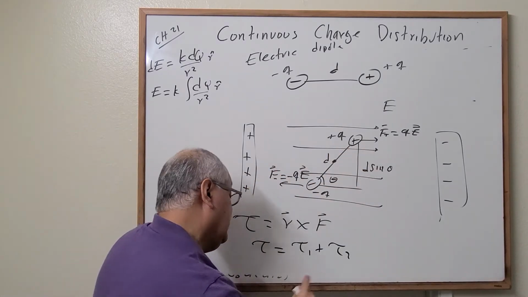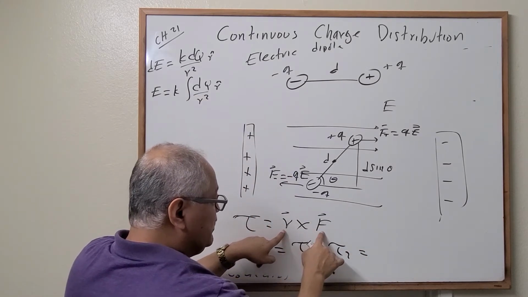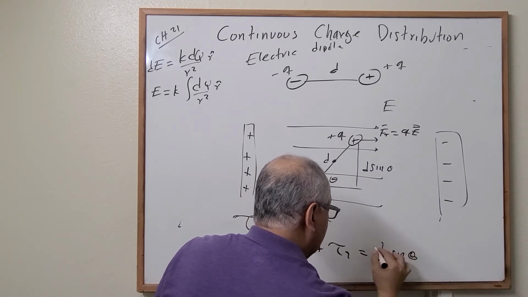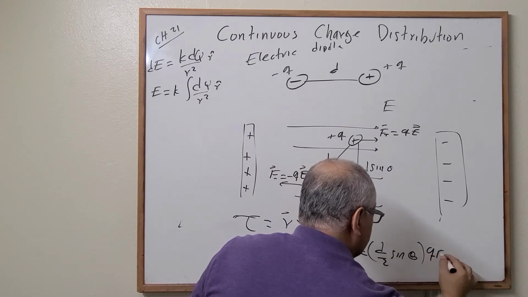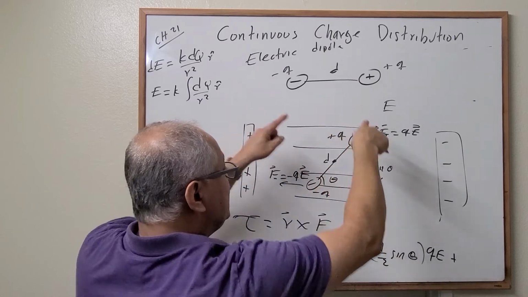Okay, perfect. So it equals what? It equals R times force. But R equals d divided by 2 times sine theta. And what is the force? The force is the charge times the electric field, plus the other torque. They go in the same direction.